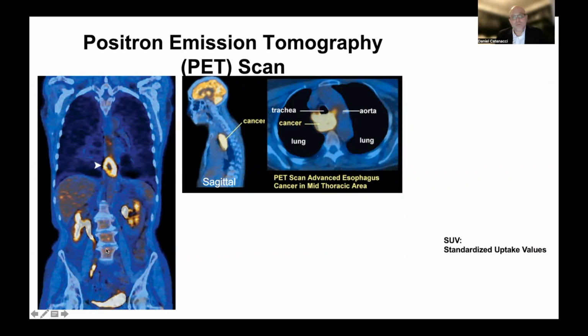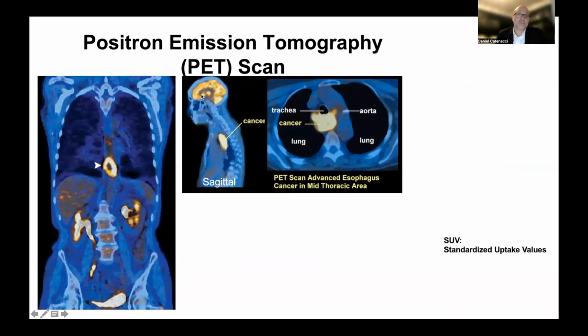And so things to note are that there are some normal areas that this will uptake on a PET scan. So these are the kidneys, and so this is where the blood is filtered, and then urine comes down the urine duct and collects in the bladder. And so this is how a lot of sugar is excreted. And so we will see this normally in every patient that gets a PET scan.